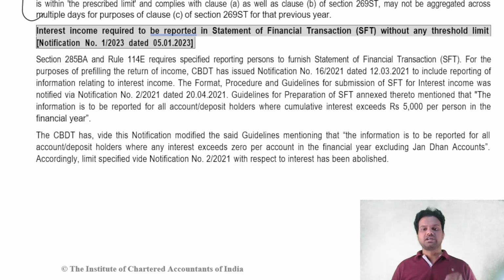One of the reporting segments under this provision relates to account or deposit holders, relating to interest on deposits in the bank.